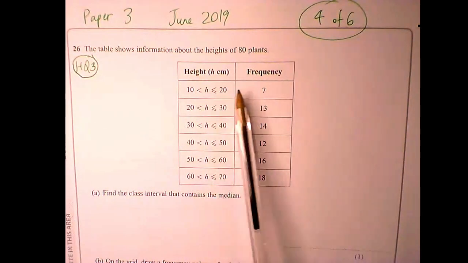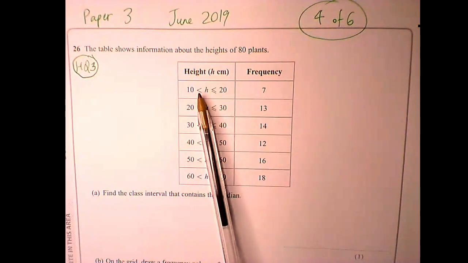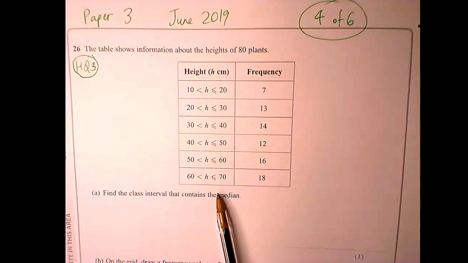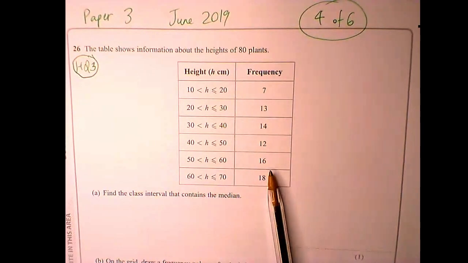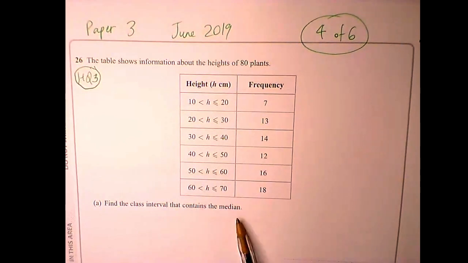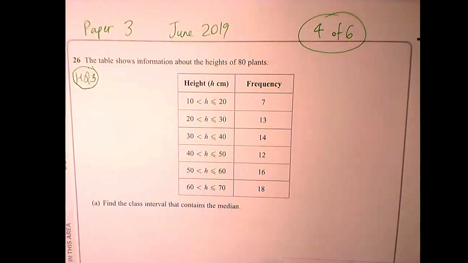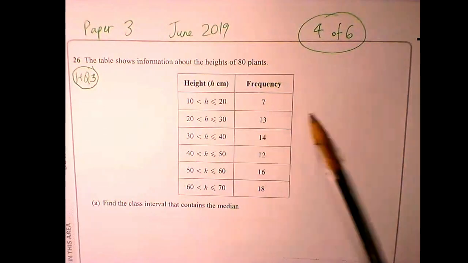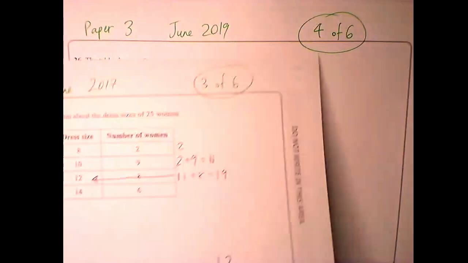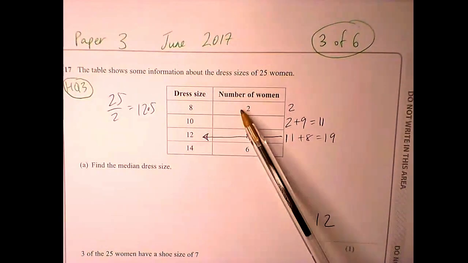We've got height. This time we have a class interval of 10 to 20 and a frequency of 7. So you have these class intervals and you have different frequencies. Find the class interval that contains the median. So that's what we are doing. Now we're going to ignore part B because that's not relevant for today. What is similar to the last question is we have an ordered table.